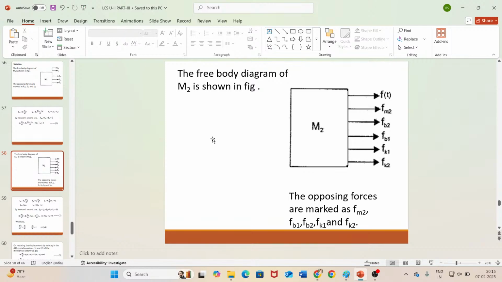So actually I must also draw the displacement and velocity. Somehow it has been deleted. I will just add it and I will show it to you.